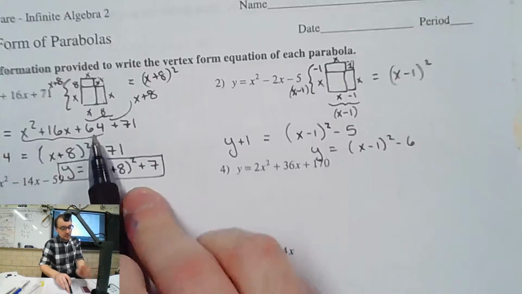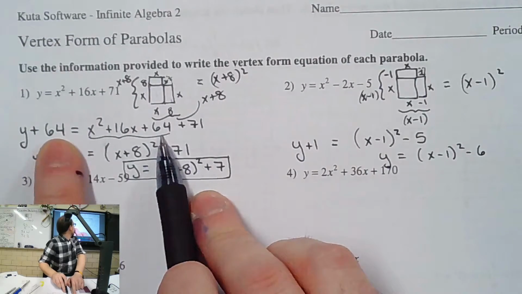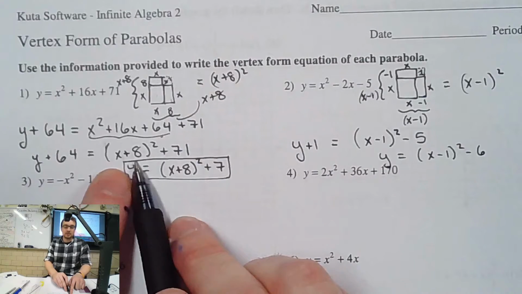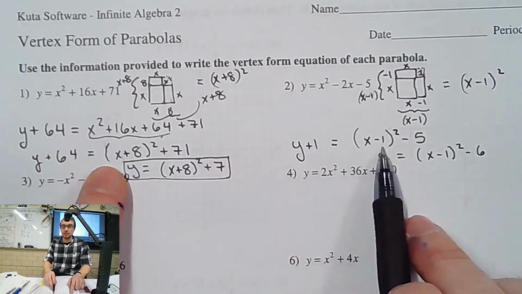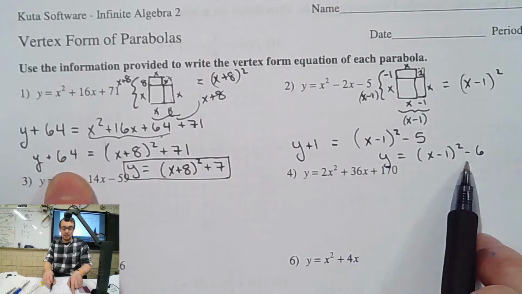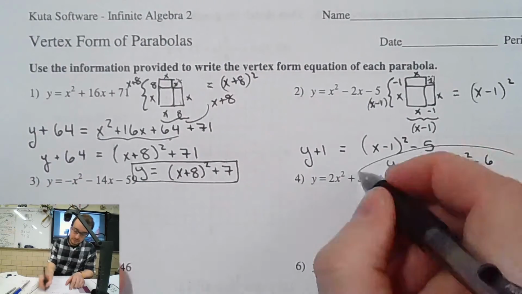I added 1 to both sides, right? And then the 1 went away and became this, right? Because that's all a perfect square. I just skipped writing it and went straight to it. The 71 stays, the 5 stays, right? I have to remember to put it over there, though. And I move it over. So we're done.